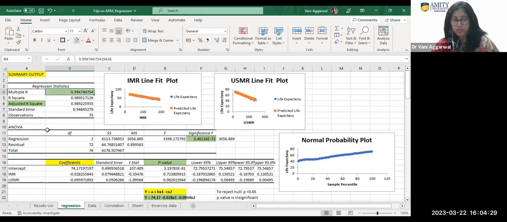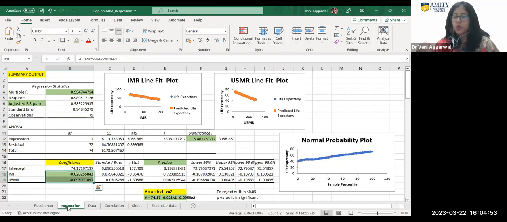This is your coefficient of correlation. So this can be answered in two ways, positive and negative. If this is positive, there is a positive relation between y and x.